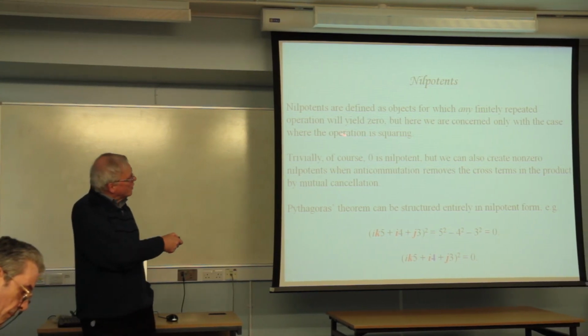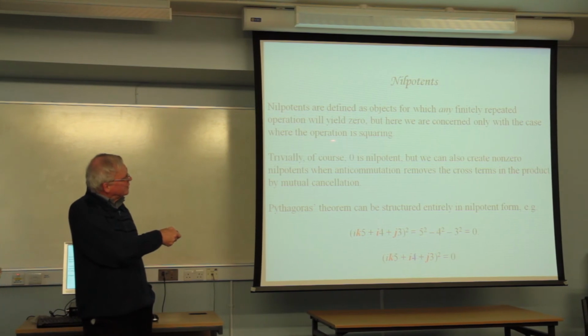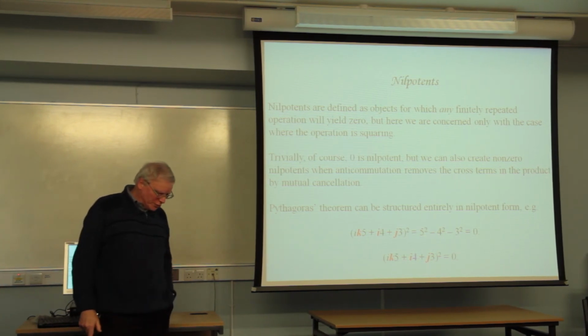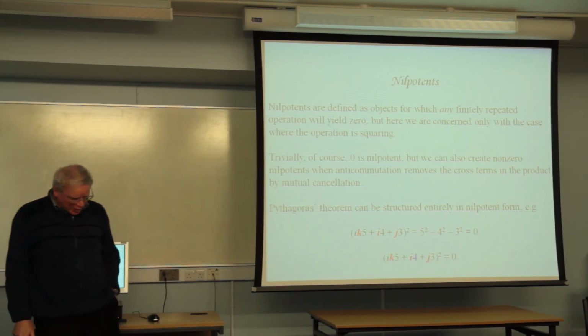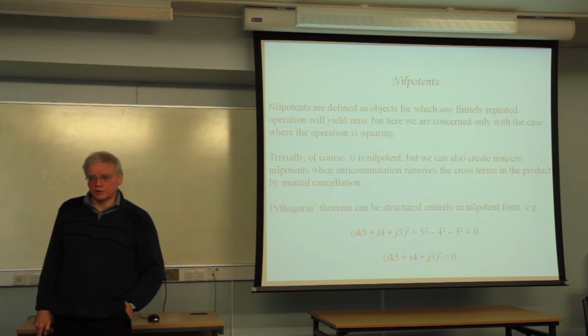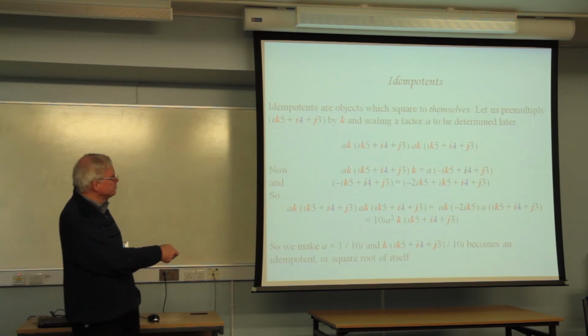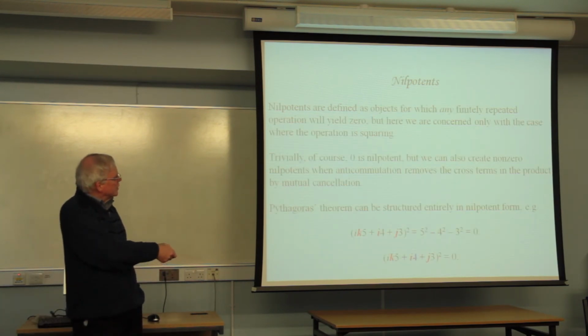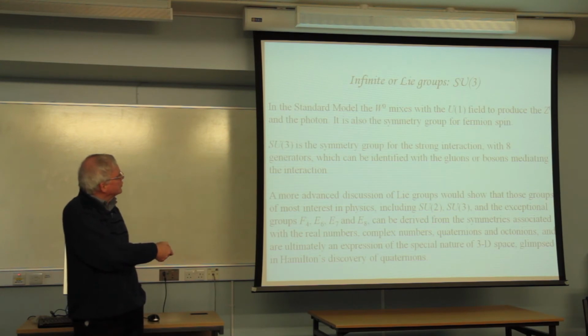But we are concerned with one particular case where the operation is squaring. So in other words, a nilpotent in our definition is the square root of zero. And of course, zero trivially is nilpotent itself. However, you can easily create nilpotents that are not zero themselves.